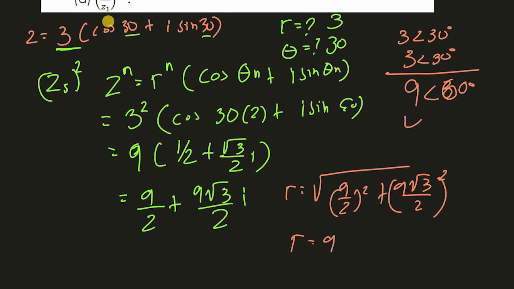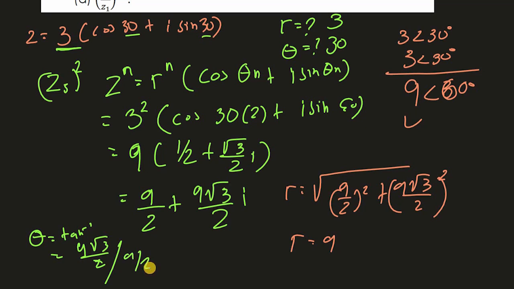Tama tayo dito. Next, solve naman natin kung we have the value, we have the right angle. So to find for the theta, theta natin is arctan, tan negative 1, y over x, 9 square root of 3 over 2 over 9 over 2.